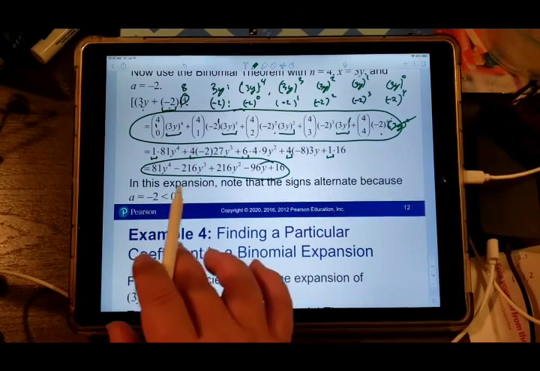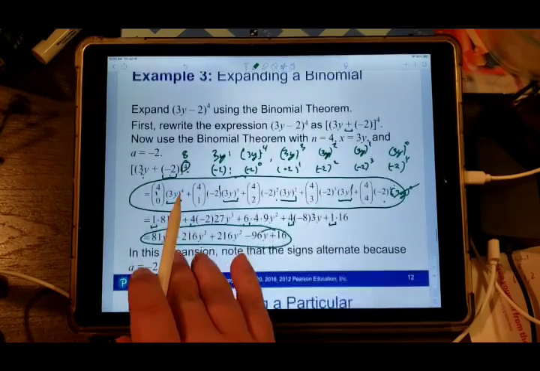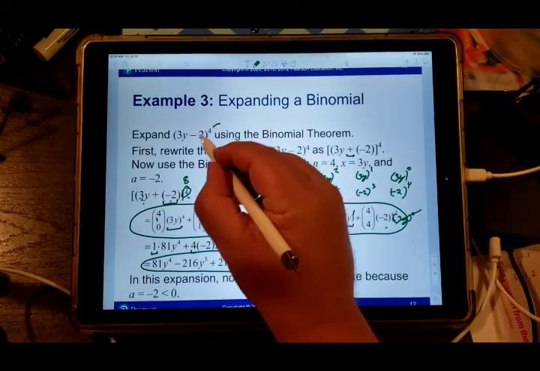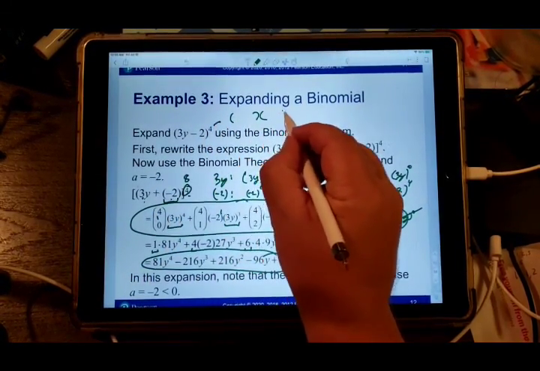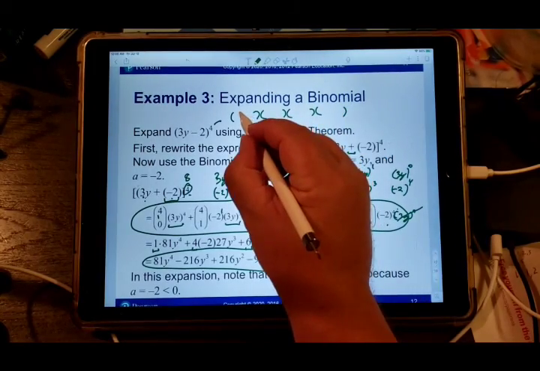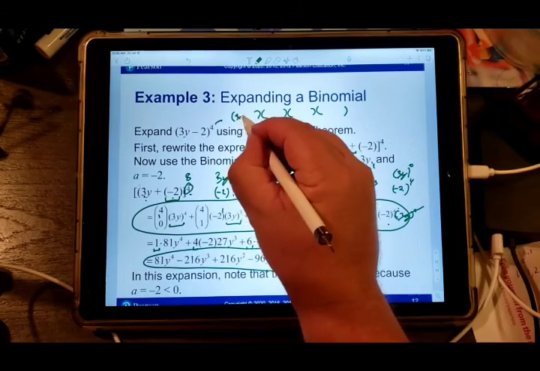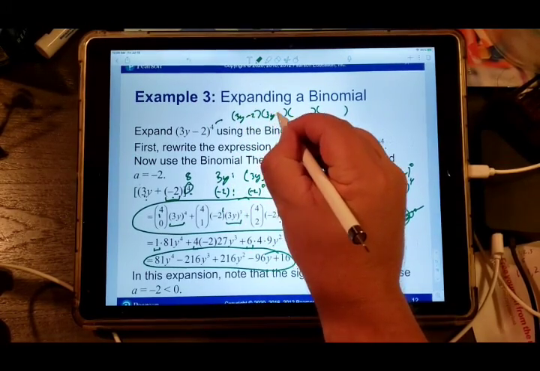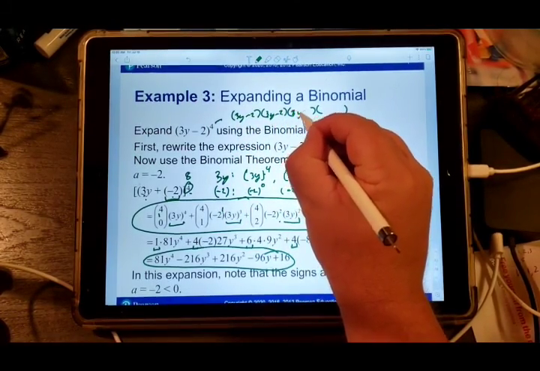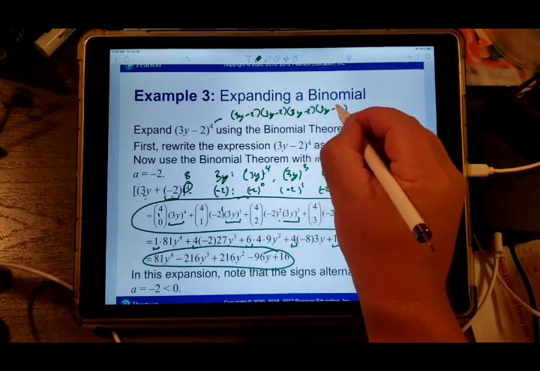So keep in mind what result this is. This is the result of this thing multiplied 4 times. 3y minus 2, 3y minus 2, 3y minus 2, and 3y minus 2.